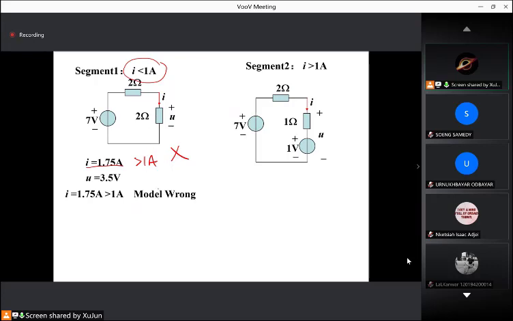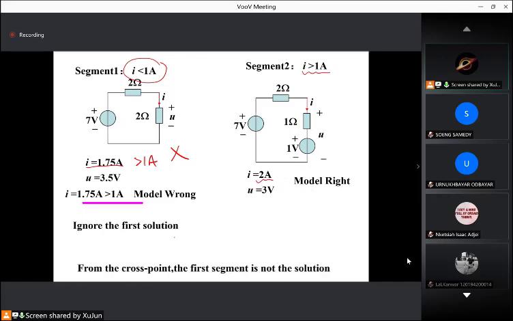This model is wrong. And we use model 2, assume I larger than 1 ampere, use this circuit, and find the solution 2 ampere. So we assumed it's larger than 1 ampere, and the solution is 2 ampere, so it's right. This model is right. So we ignore the first solution. Only this solution is right.